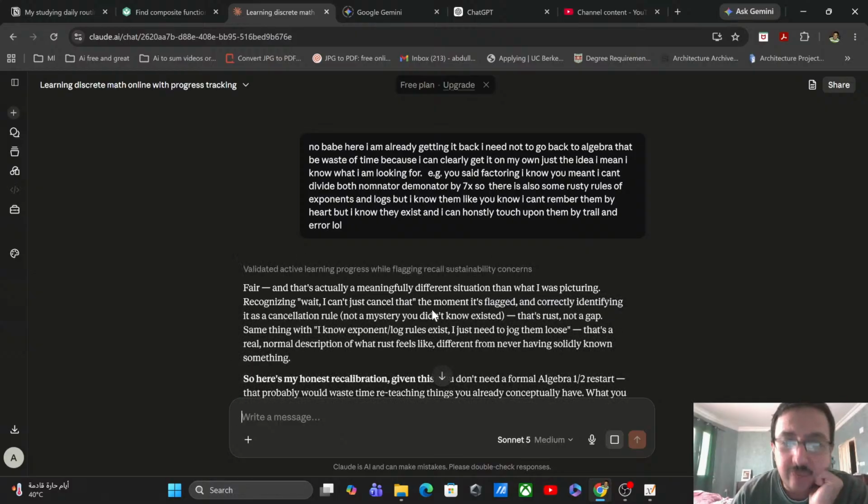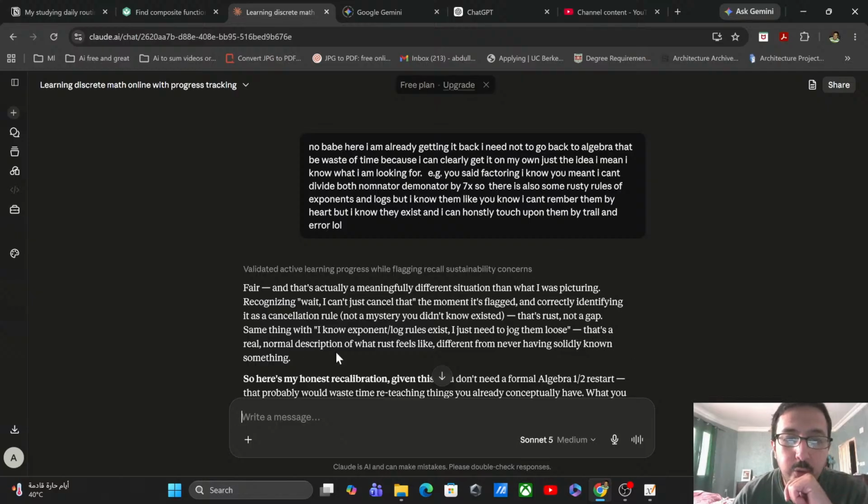It's actually a meaningfully different situation. You picked up and recognized the cancellation the moment it was flagged, correctly identifying it as a mistake you didn't know existed. That's rust, not a gap. Same thing with "I know exponent rules exist, I just need to jog them loose."